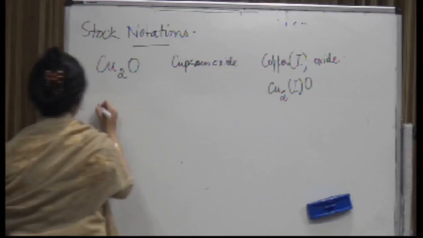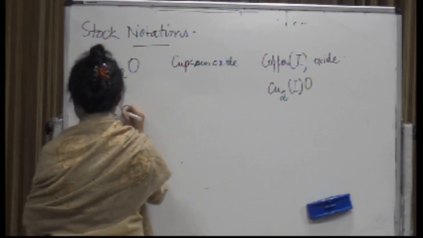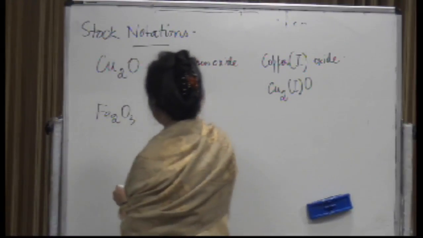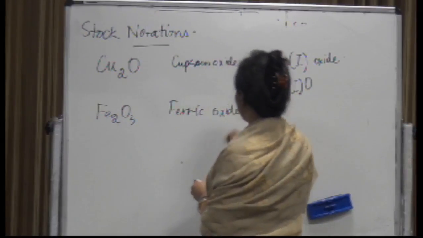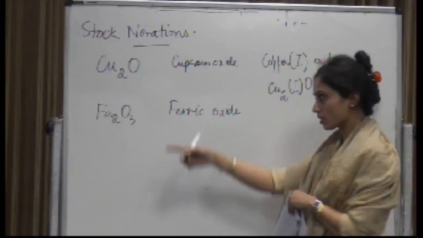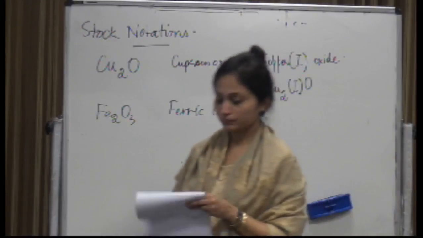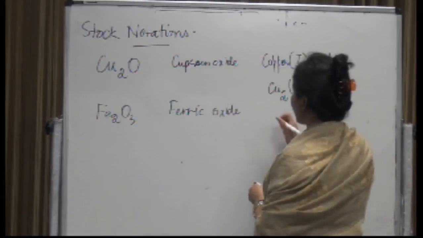Next, write this down quickly. Fe2O3, it's like ferric oxide. Find out the oxidation state of Fe. It is 3. So how will you write down the stock notation?